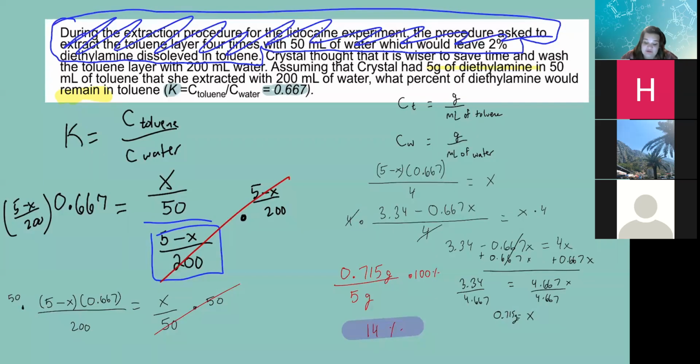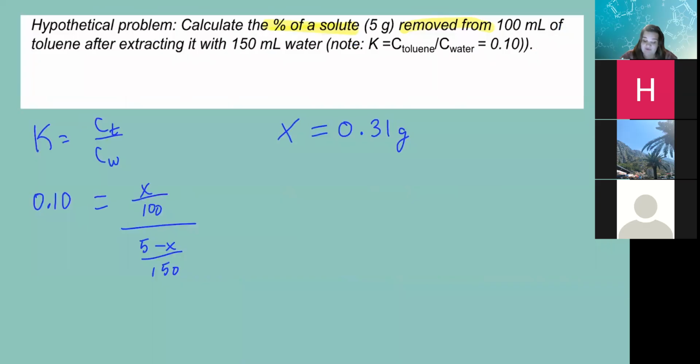So be very careful. If you need percent remaining, you're going to take your value, divide by the total number of grams, times it by 100. However, here we want the percent removed from toluene. So the percent removed would actually be 5 minus 0.31, right? We're getting the percent removed. So 5 minus 0.31 gets you 4.69.